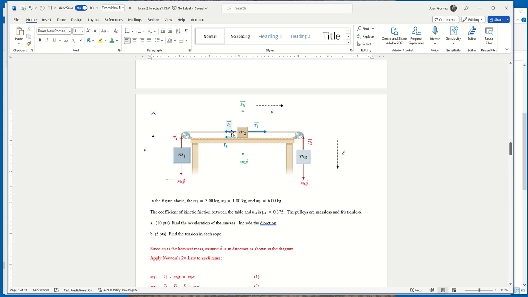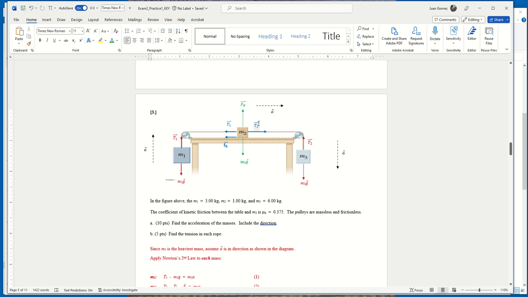They're not connected via a frictionless pulley. They're two different ropes connecting different masses. So let's call this tension T2. And on the right side of M2, remember the tension force is along the string but away from the object. So those are the 5 forces acting on M2.